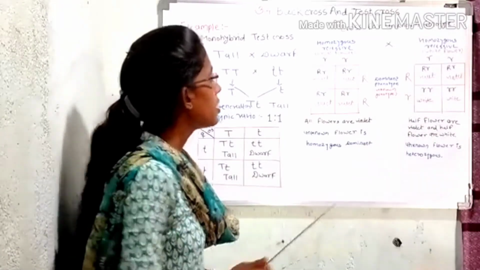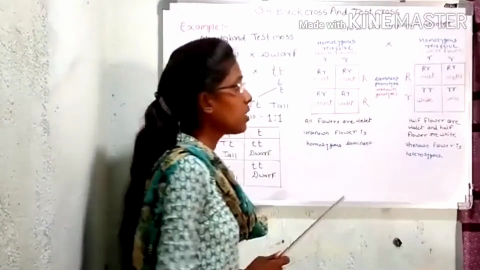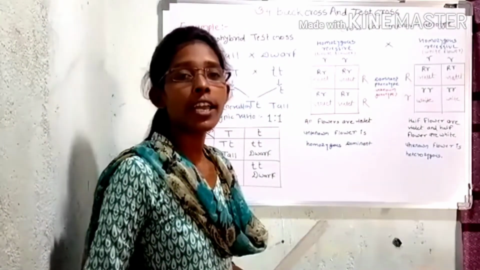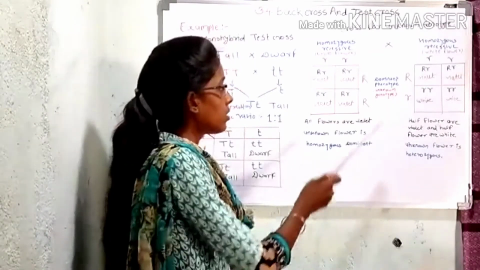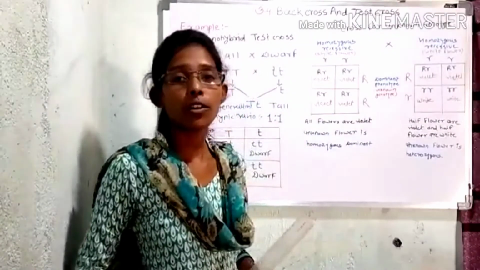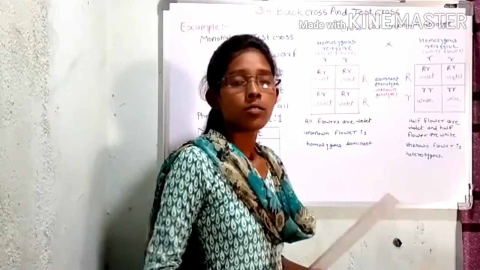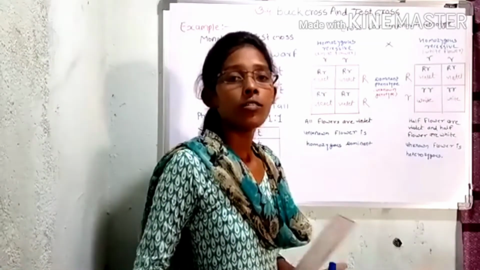Then we take a second example for an unknown genotype. In this example, we find out the genotype of a plant with a dominant expression. For this example, we take the color of a flower. The dominant flower has a violet color and the recessive flower has a white color.